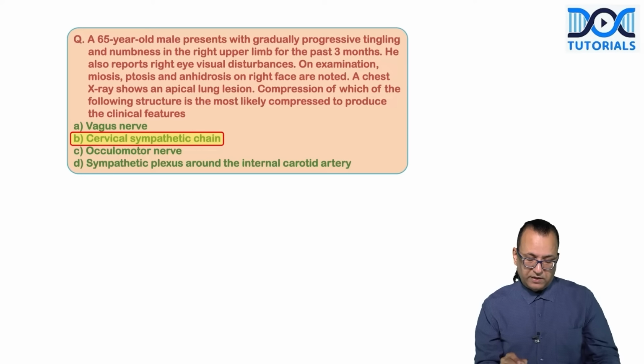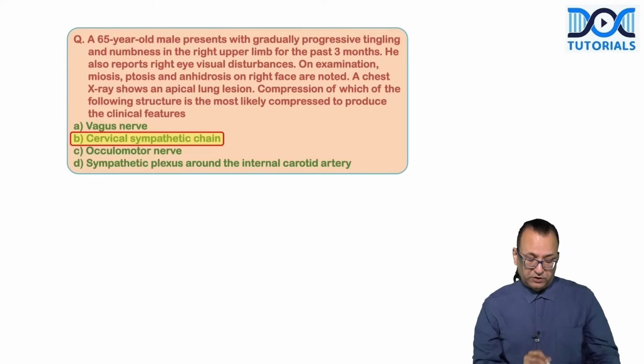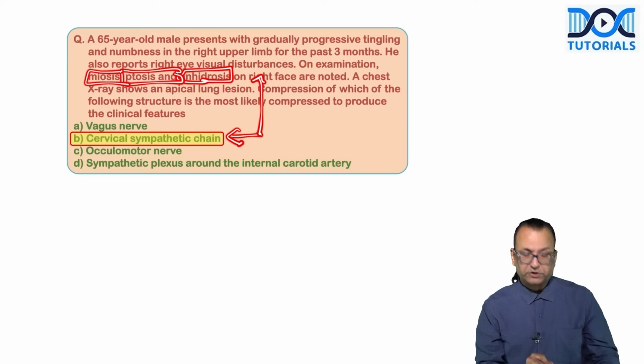So that is why there is tingling and numbness, because the lower trunk of the brachial plexus is also compressed by this Pancoast tumor or apical lung cancer. So the cervical sympathetic chain is involved, leading to the features of ptosis, miosis and anhidrosis, right-sided Horner syndrome. Choice number B should remain the answer.